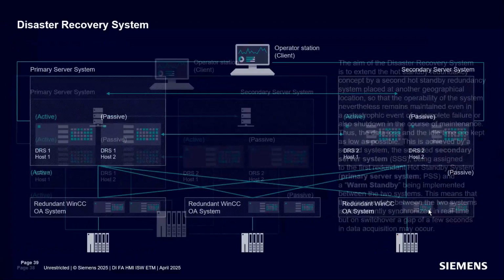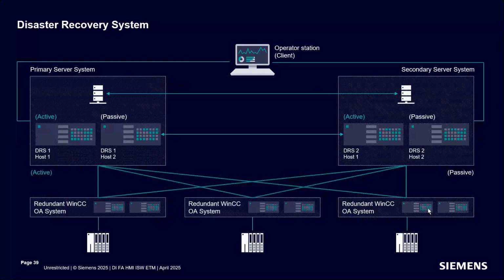Of course, that can be combined then into more complex applications and architectures where, no matter what is on the field, on the sub-level, where we have maybe redundant systems, maybe no redundant systems, in this case it is 3 redundant WinCC OA server pairs, but it can be many. 2048 is the limit, just keep this number in mind.